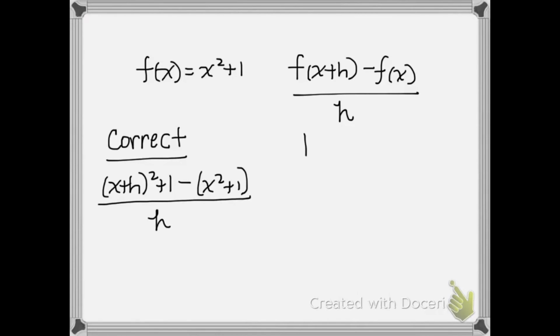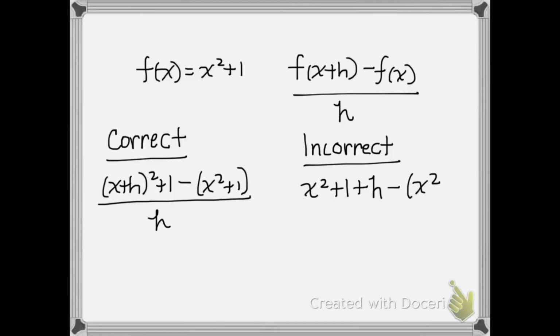And then the incorrect thing that I see students do is this. They go x squared plus 1, so that's f of x, and then they go plus h, and then they go minus x squared plus 1, hopefully keeping the parentheses there.